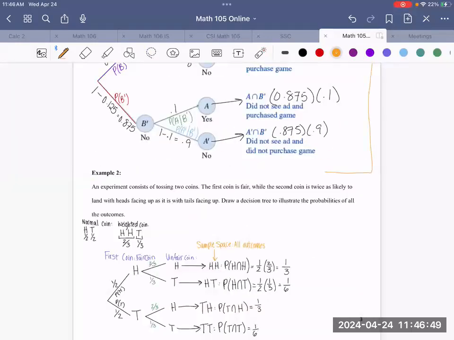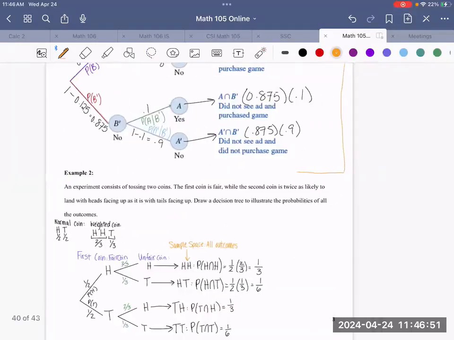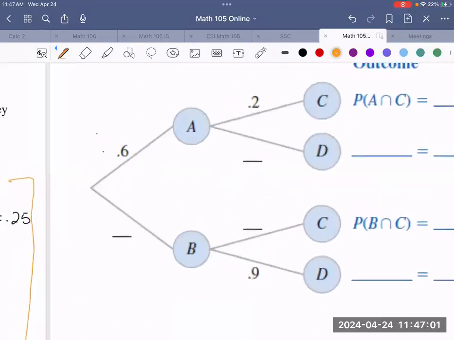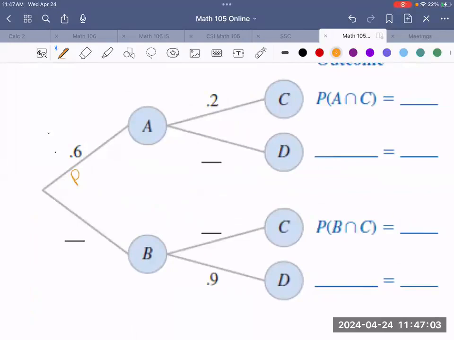And there you go. All right, so let's have you try your own decision tree. If you haven't paused the video yet, definitely pause the video here and see if you can make sense of it. All right, so if this is the probability of A, then the probability of B is just its reverse, so not A. So 1 minus 0.6 is going to give you 0.4.